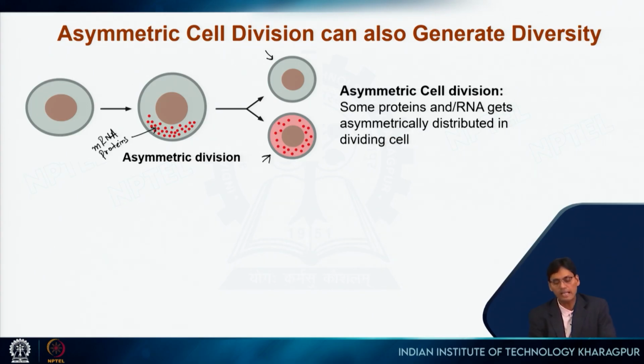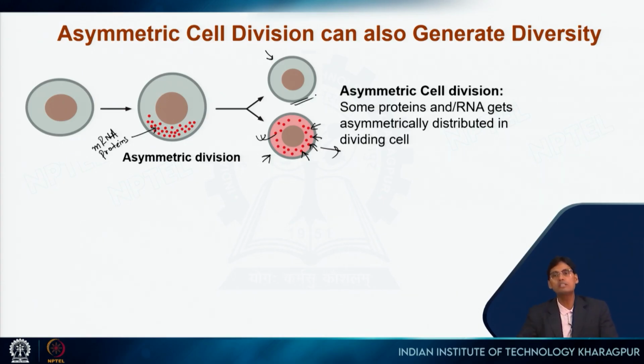So as a result, after division, as you can see here, these cells are receiving those special molecules, whether mRNA or protein, that doesn't matter here, and that will influence this particular cell to become a different type of cell compared to the cells I am showing on the top.